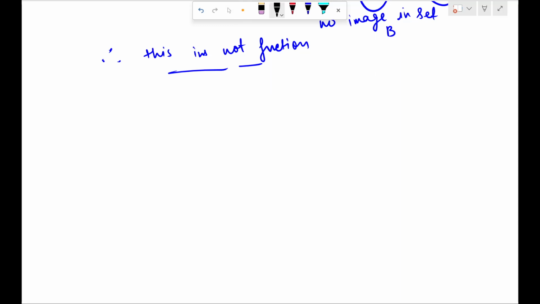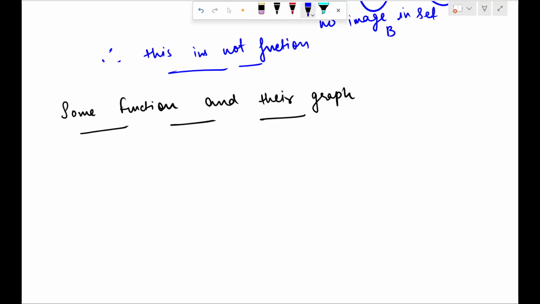Next, we have some functions and their graphs. So first is the identity function.